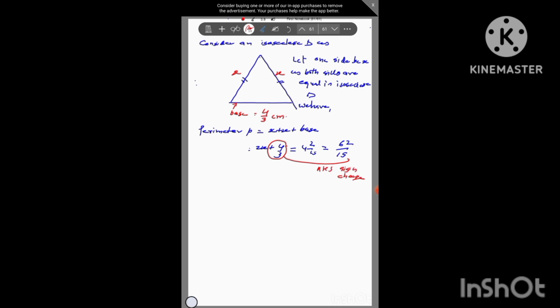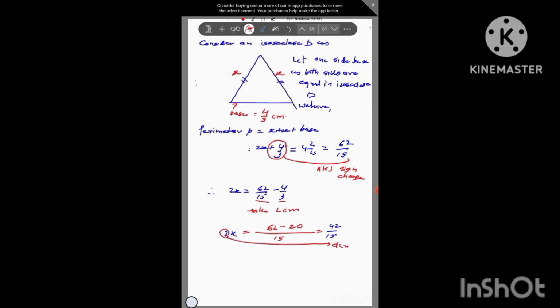So we go ahead, this will be shifted to the right hand side with a change of sign, then 2x equal to 62 upon 15 minus 4 upon 3. Then we take the LCM here and get 15, that is 62 minus 20, and you get this answer. 2x equal to this.